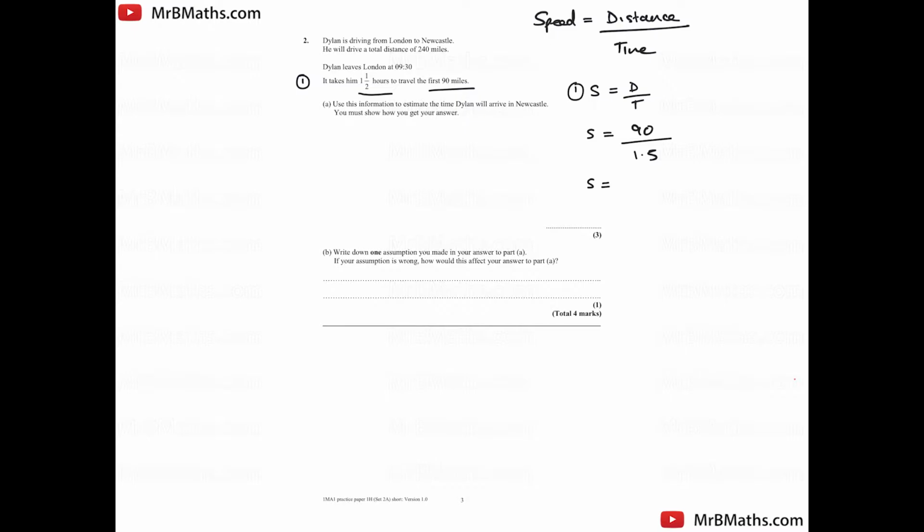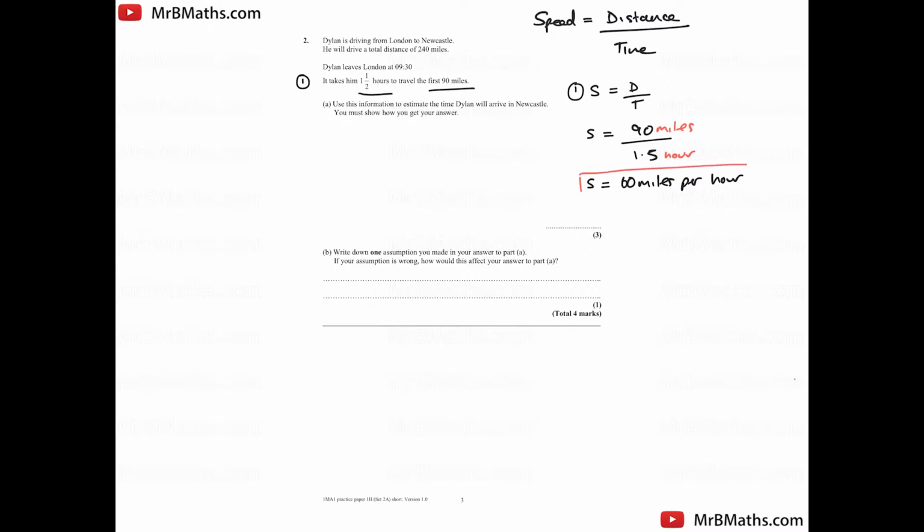So you want to keep this in miles, so this being miles, this being hour, and that divided on there means miles per hour. Okay, there are certain situations where you do need to convert it into minutes or seconds, but not now. So that will give us 60 miles per hour.